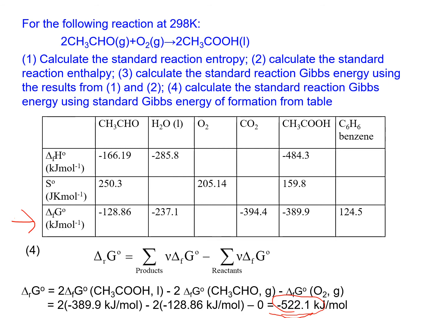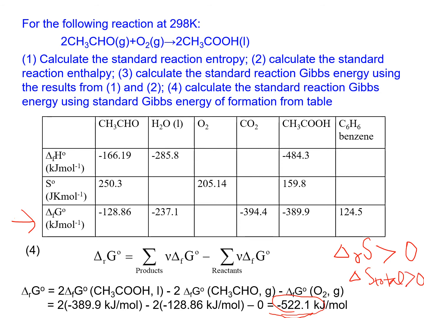Remember, when we calculate reaction entropy, and if reaction entropy is greater than 0, it's still not enough to predict whether reaction is spontaneous or not, because the second law says the total reaction entropy should be greater than 0.